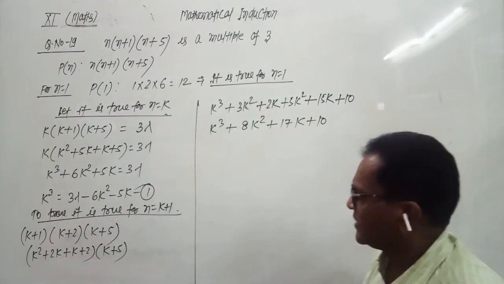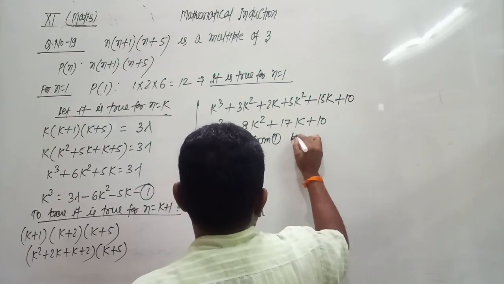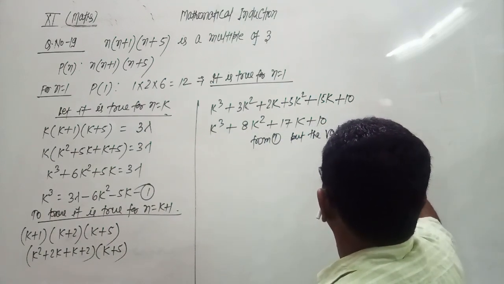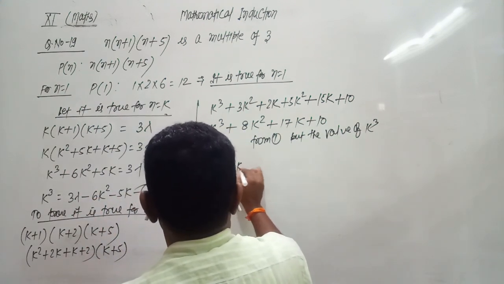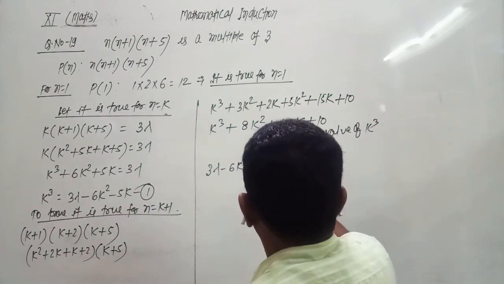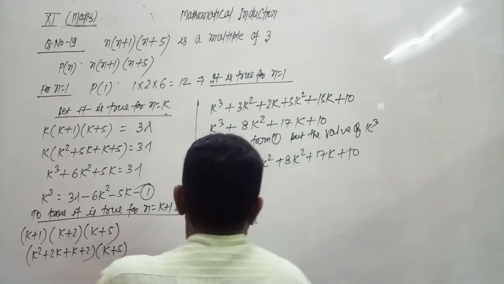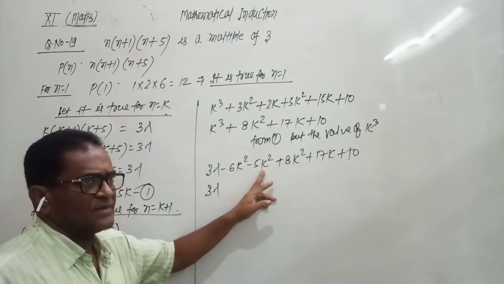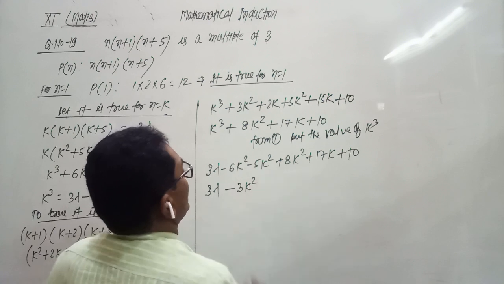Then put the value of k cube from the first equation. At the place of k cube, we can write 3 lambda minus 6k square minus 5k, and the rest of the terms would be written as they are. So 8k square plus 17k and plus 10.